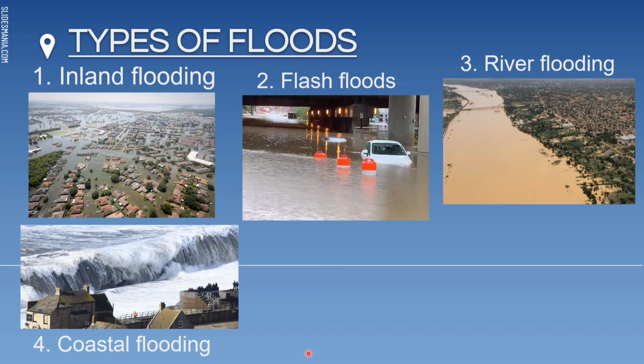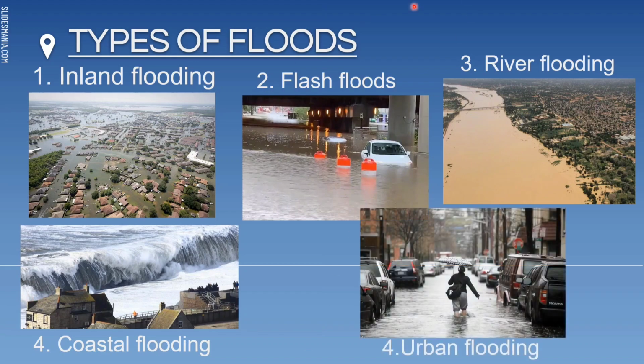Okay, and then we have the urban flooding that we usually encounter. What's the cause of urban flooding? It happens when there is a lack of drainage in the urban city or area. Okay, so we have these different types of floods.